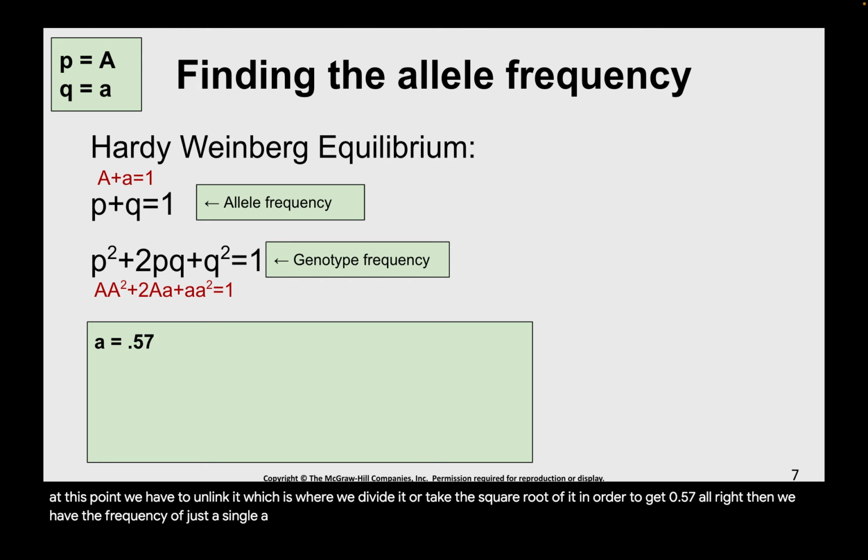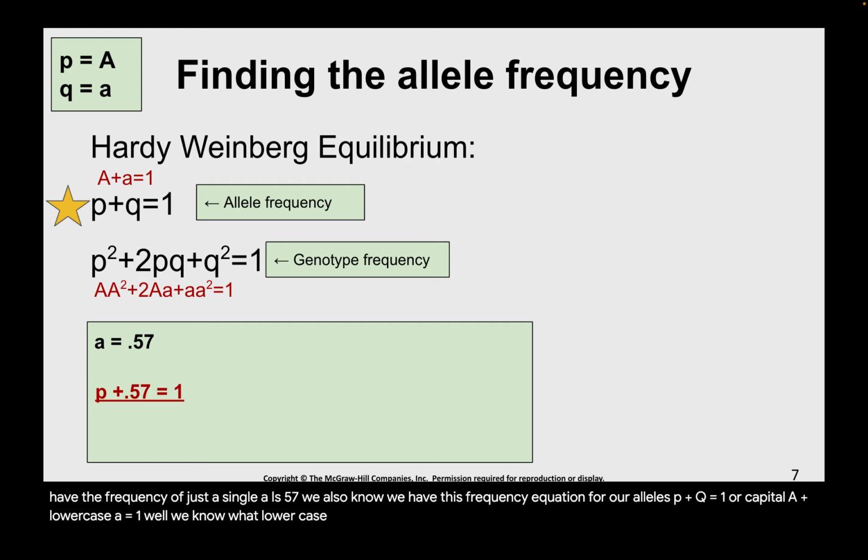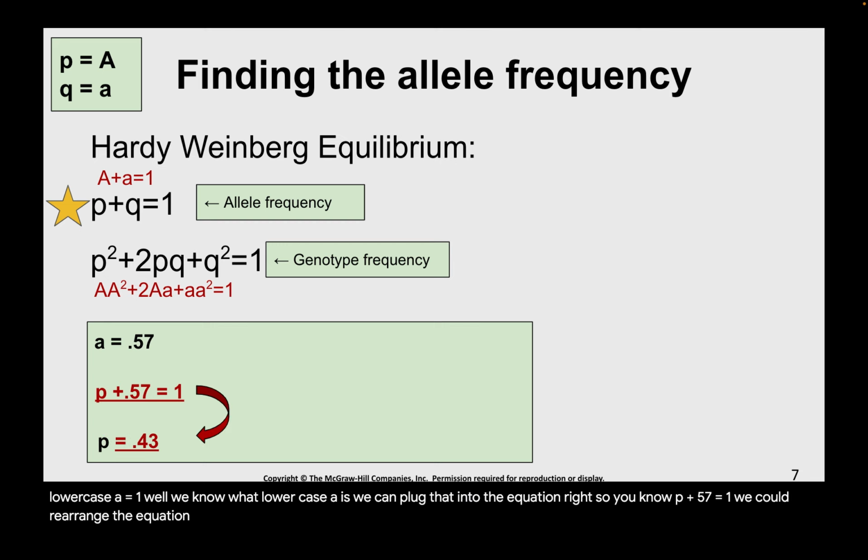So we know lowercase a is 0.57. We also know we have this frequency equation for our alleles: P plus Q equals 1, or capital A plus lowercase a equals 1. If we know what lowercase a is, we can plug that into the equation. So P plus 0.57 equals 1. We could rearrange the equation to 1 minus 0.57, and the only possible answer is 0.43.